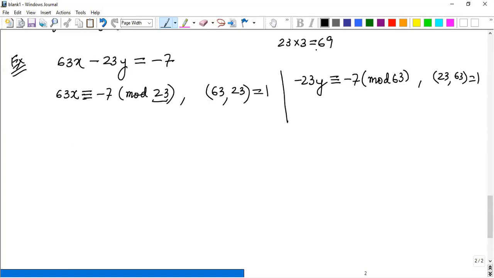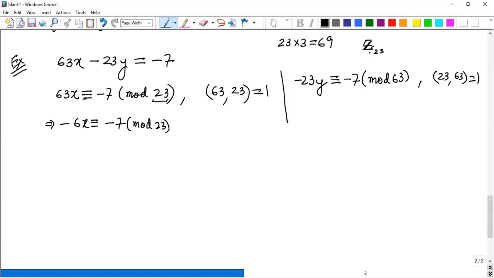So if we look at 63 in the class of 23, 69 is 6 greater than 63, so this is -6x congruent to -7 modulo 23, because we are looking for solutions in Z23.